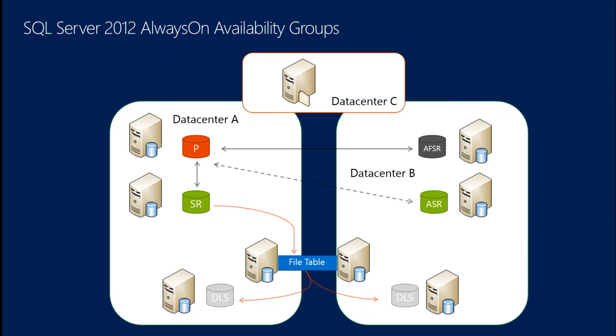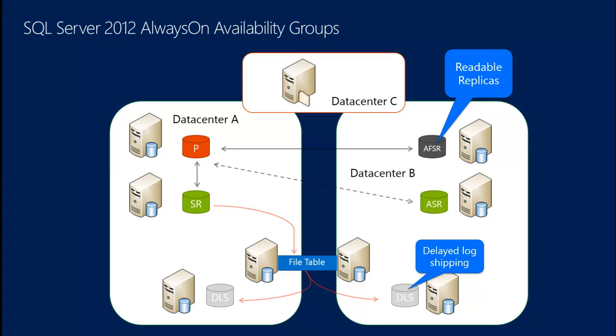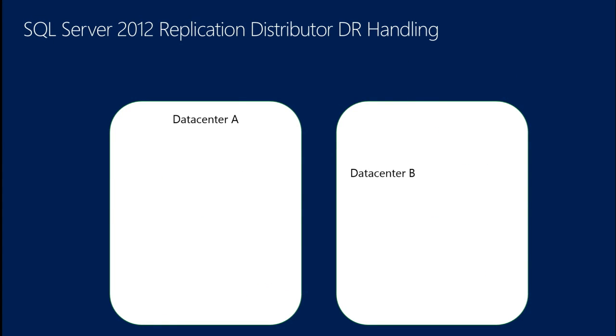This is for human errors or application errors. If an application or human does a delete statement and forgets the where clause and deletes the whole table, if we detect it within an hour, we have all the data still on the log shippers, bring them online, salvage the data out. Good. Delay log shipping, readable replicas, we went through that.